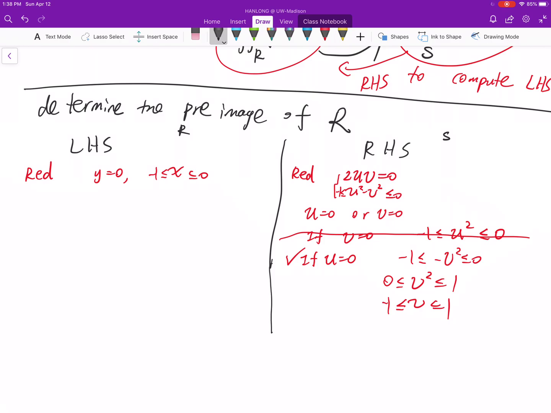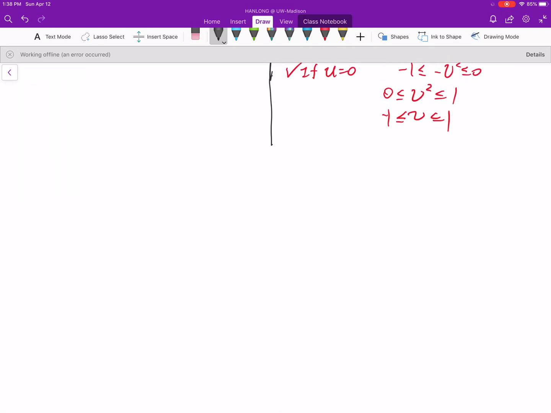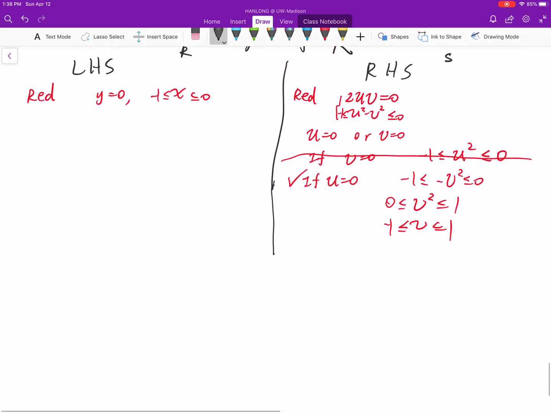You will see here we have a little bit tricky part because we have two pieces for one boundary. I can draw the picture here.